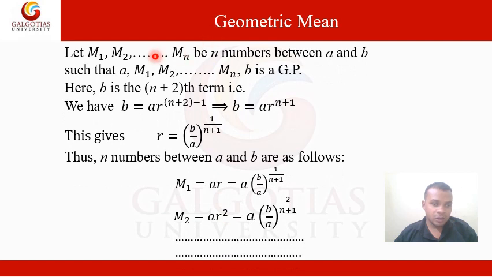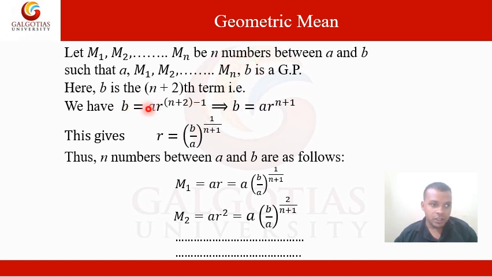Let m1, m2, m3, m4, and so on up to mn be n terms that are going to be inserted between a and b, so that this remains a GP. In this case, the total number of terms after inserting will be n plus 2. So b will be at the n plus 2th place, that means term number n plus 2.